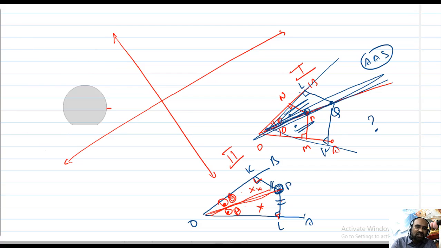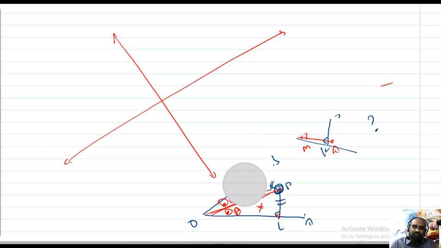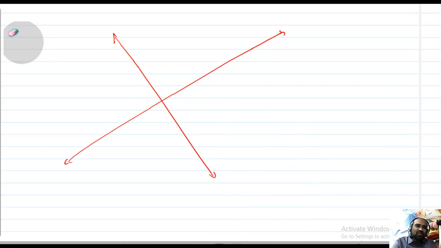By using this concept, you can compute this theorem. What is the question here? If two intersecting lines are given, what is the locus of a point which is equidistant from these two intersecting lines? Assume that these two are the arms of one angle.